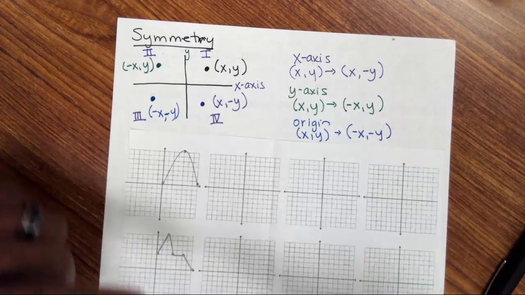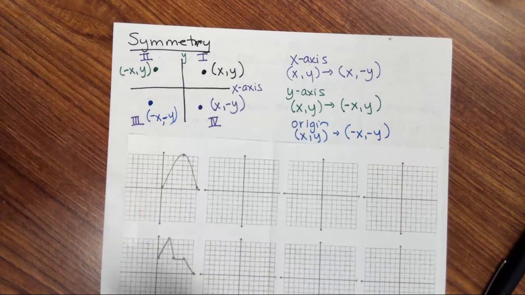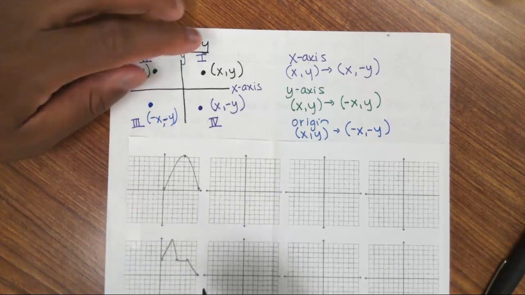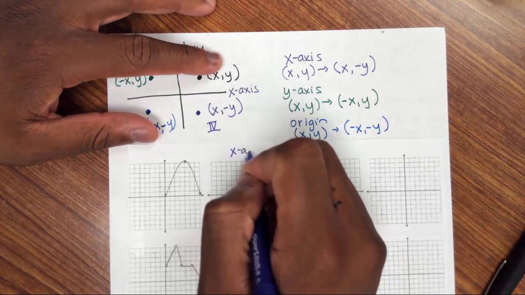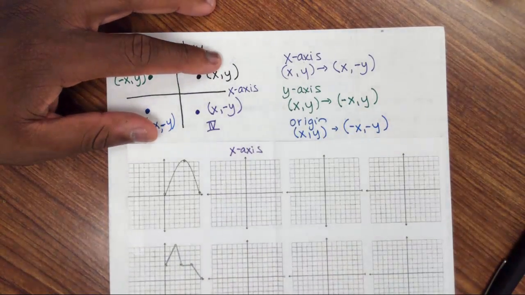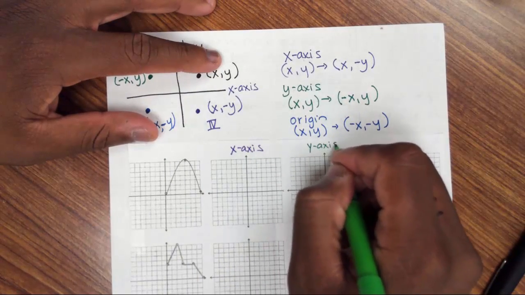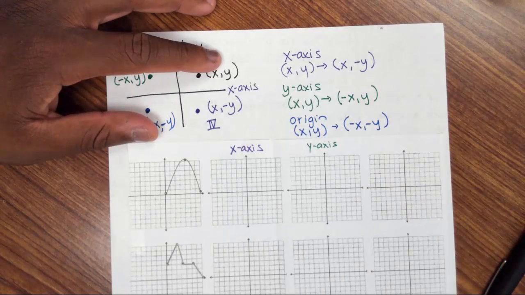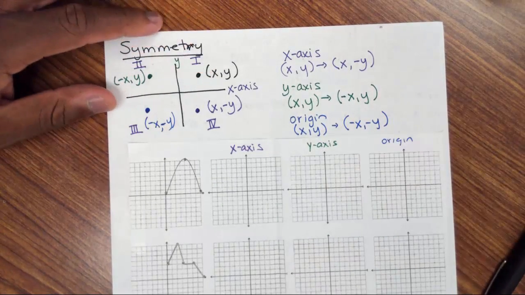So if you look at the graphs you have here, I want you to take this first function here. Take that first function, and I want you to give me the x-axis symmetry of this function, the y-axis symmetry for this function, and the origin symmetry of this function.